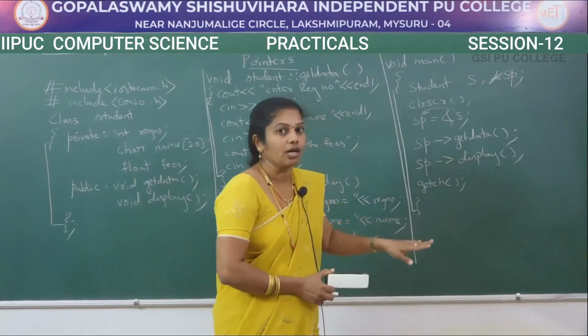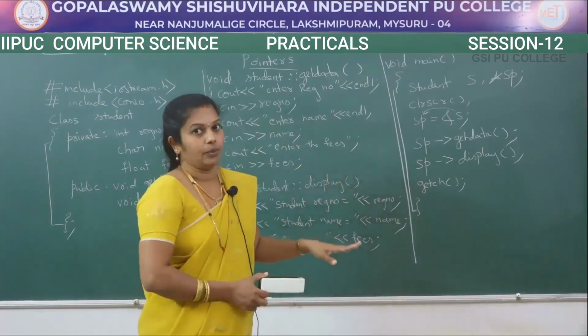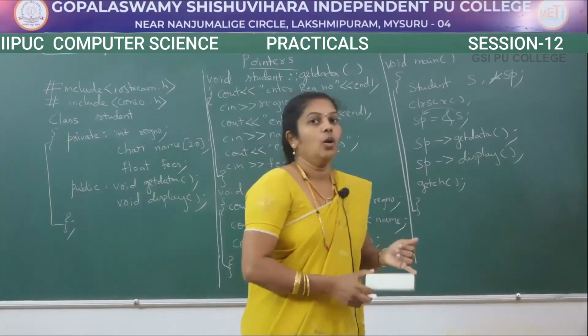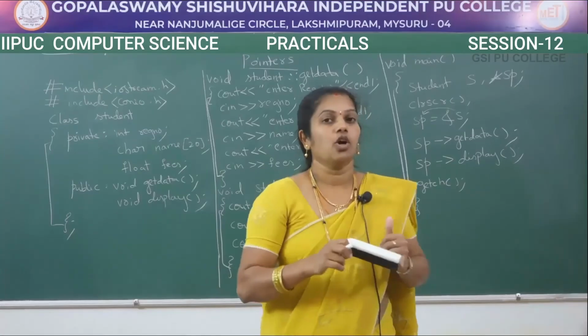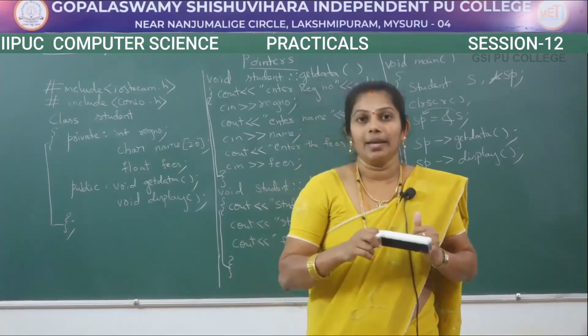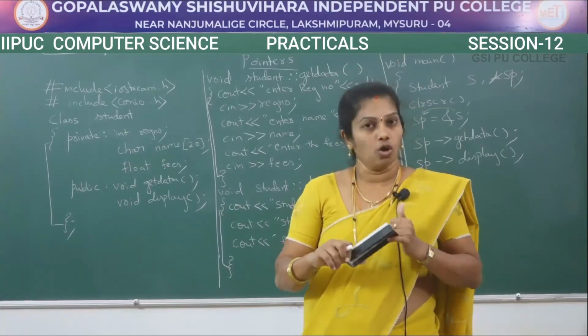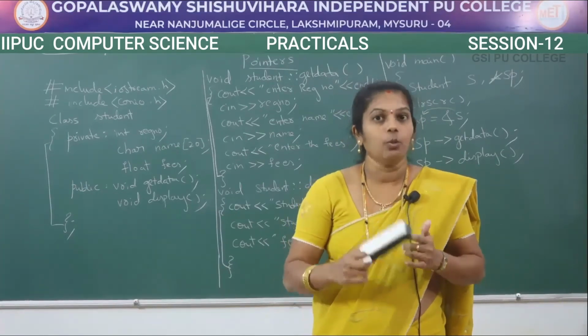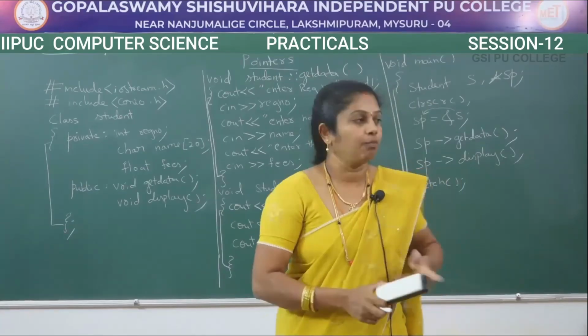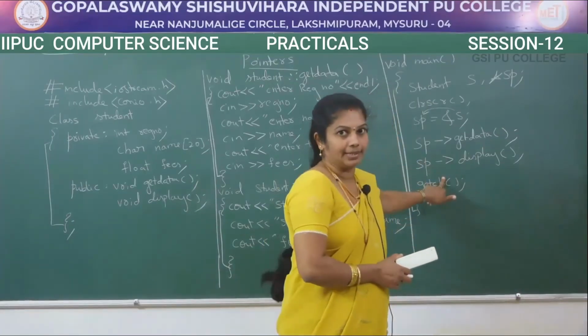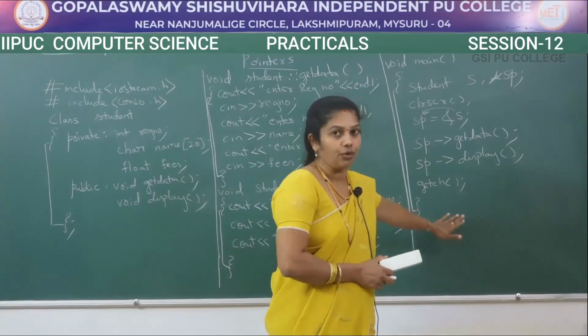This is regarding your pointer program. Once again I am going to recall, pointers to object means a pointer pointing to an object. Here we can call the functions with the help of the arrow operator. Now is it clear for all of you?